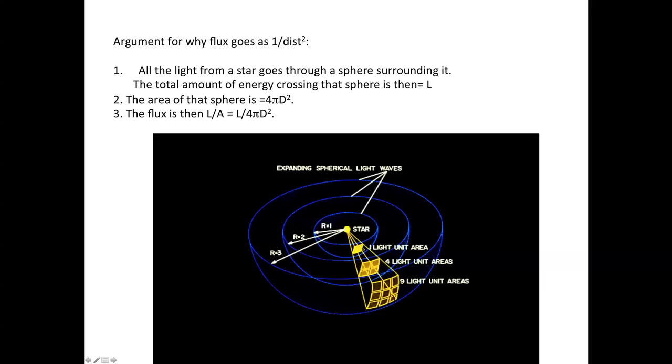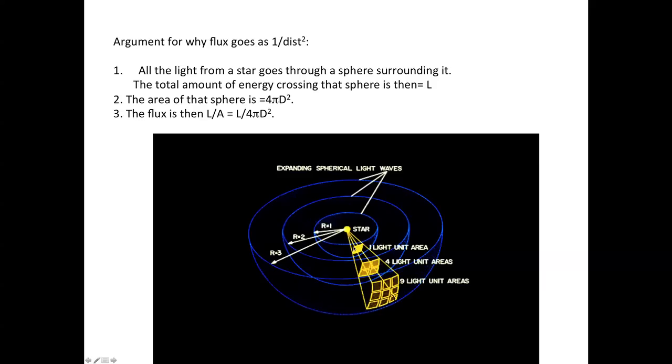So if you needed some number of tiles to put onto the first sphere, you need 4 times as many on the one that's twice as far away, or 9 times as many on a sphere that's 3 times as far away. So the same amount of luminosity, the same amount of energy per second, is going through 9 times as many tiles on this outer sphere as it went through on the inner sphere.